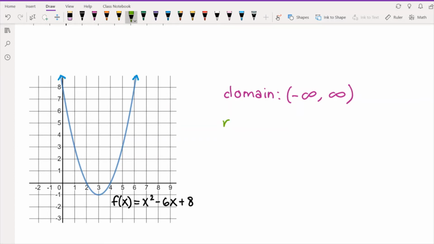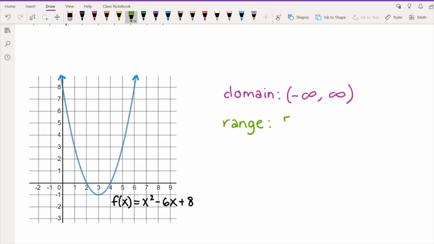Okay, so now talking about range. Range is something that we were not able to do based on just the equation in the past. So this is where having the graph is really helpful. For the range, again, we want to look bottom to top and see what the values are that are included. Notice that the graph just doesn't exist down here, right? There's no graph below -1.